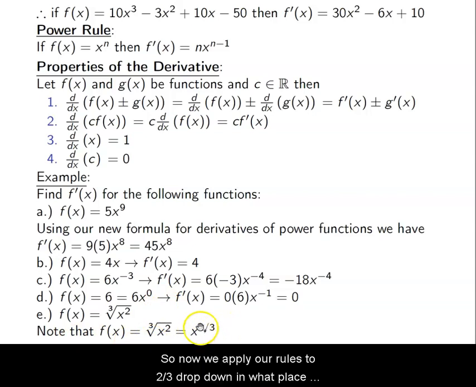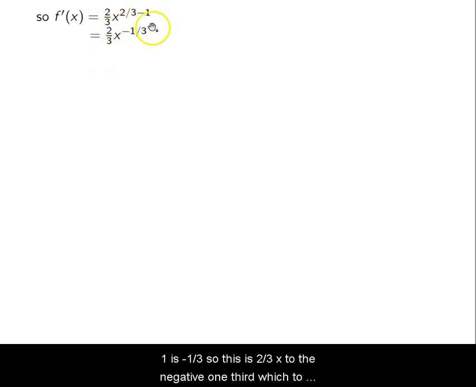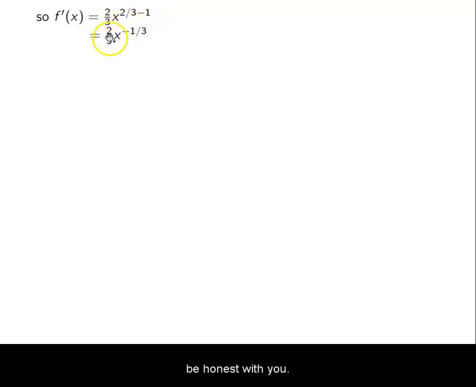Now when we apply our rules, the 2/3 drops down and multiplies times the x, and then we decrease 2/3 by 1. So I got 2/3 x to the 2/3 minus 1 power. To simplify, 2/3 minus 1 is negative 1/3. So this is 2/3 x to the negative 1/3.